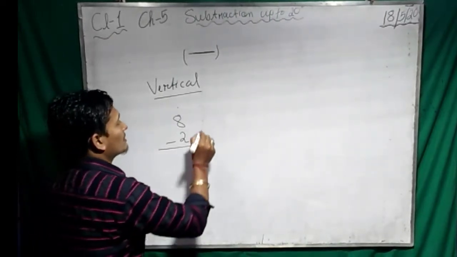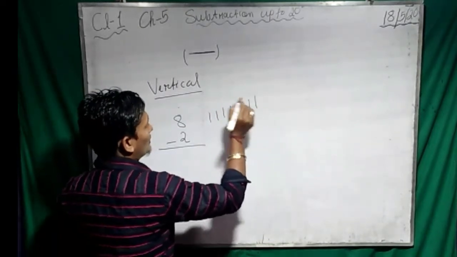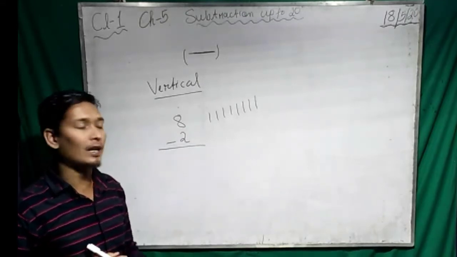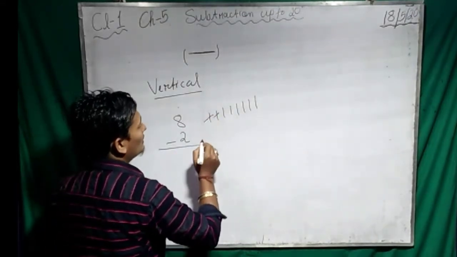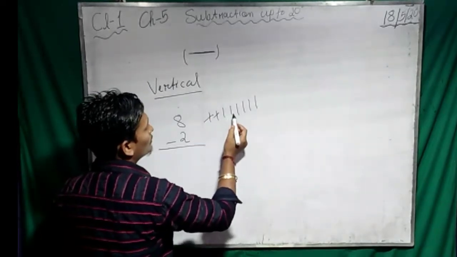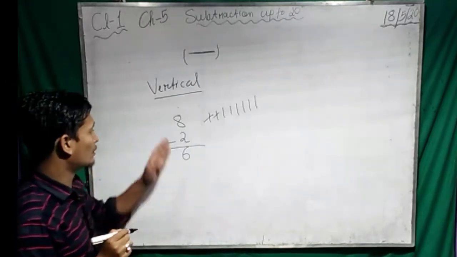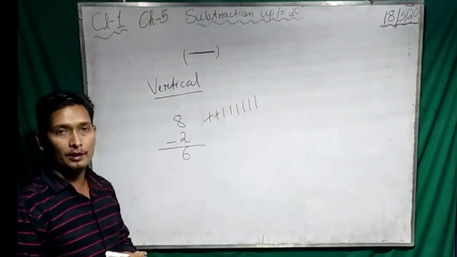Suppose you think that this is 8 lines. And from 8 lines we have to cut how many lines? 2 lines. So 1, 2. How many lines left? 1, 2, 3, 4, 5, 6. So the answer is 6. So this is called vertical subtraction, vertical way of subtracting.